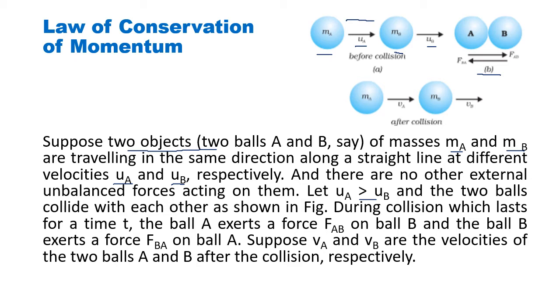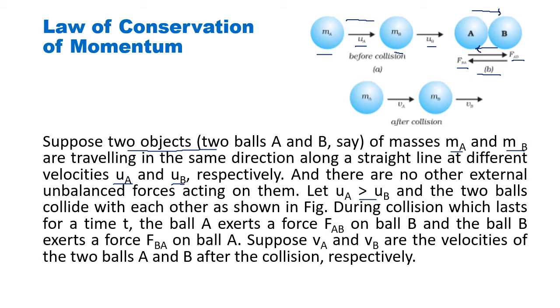Now here you can see Newton's third law. FAB is the force of A on B, and at the same time FBA is the force of B on A, equal in magnitude but opposite in direction.